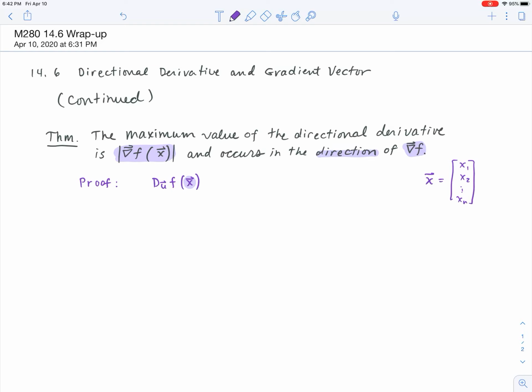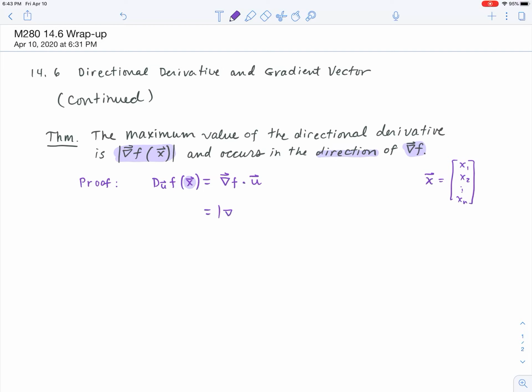Okay, so the definition of directional derivative, which we just learned, is the gradient of f times the unit vector in the direction that we want to go in. And that is equal to the directional derivative. Well, we can use our formula.